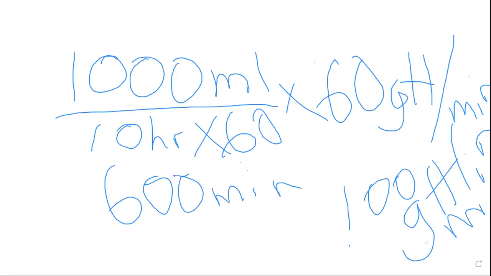I always like to do my math twice, just to make sure I didn't make a mistake. Okay, so 1,000 divided by 600 times 60.